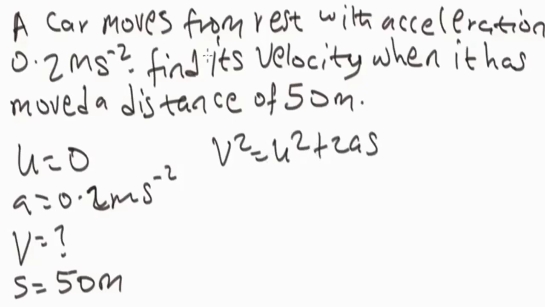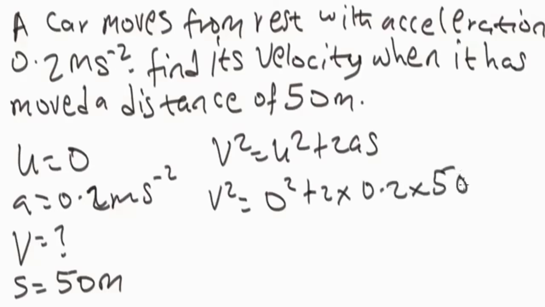Since we don't have time in this question, when you substitute the values, you have v square equals 0 square plus 2 times 0.2 times 50. So v square equals 0 plus, multiplying everything with my calculator, 20.